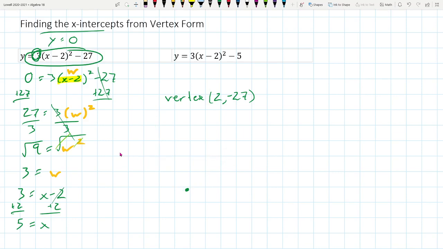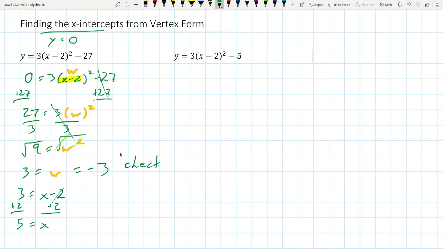It comes back to the step where w squared equals 9. There are actually 2 options for what w could be. It might equal 3, because 3 squared gets you to 9, but it might also be negative 3, because negative 3 times negative 3 is also 9.